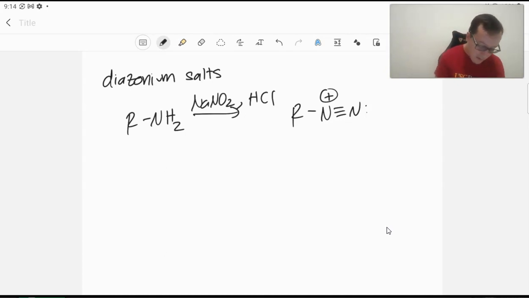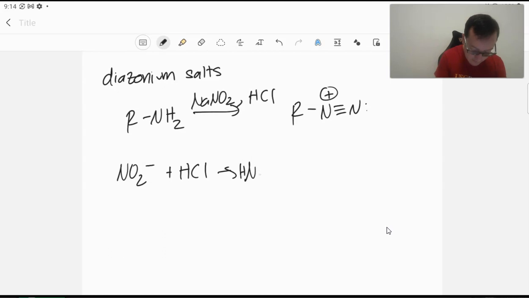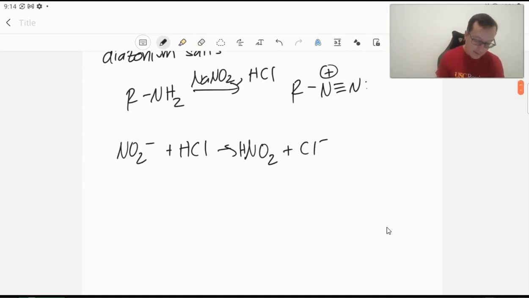So what we're going to do is see that this turns into nitrous acid, right? Plus the chloride, I guess. And we're going to see that this thing will dehydrate just like the nitric acid did with our sulfuric acid before.